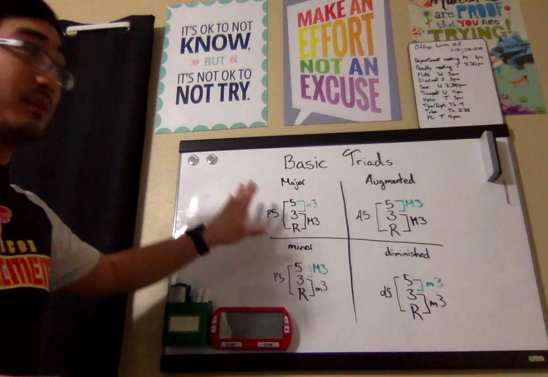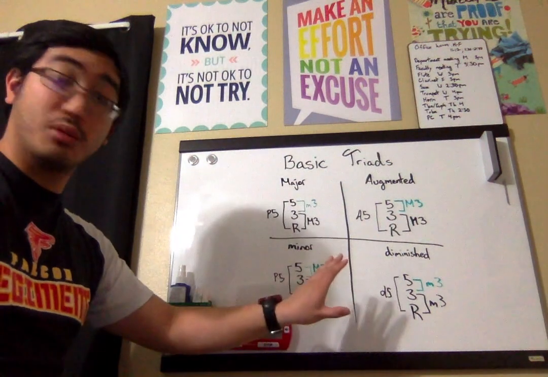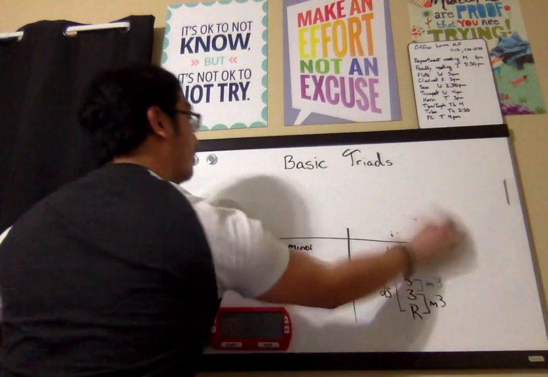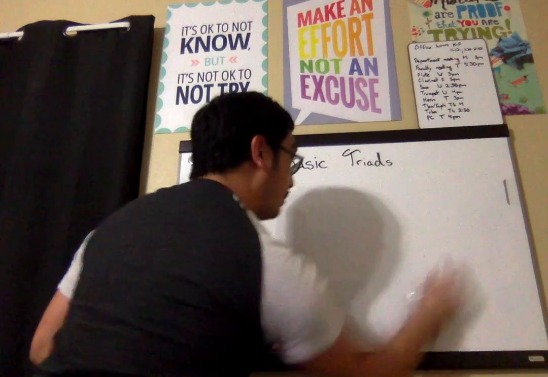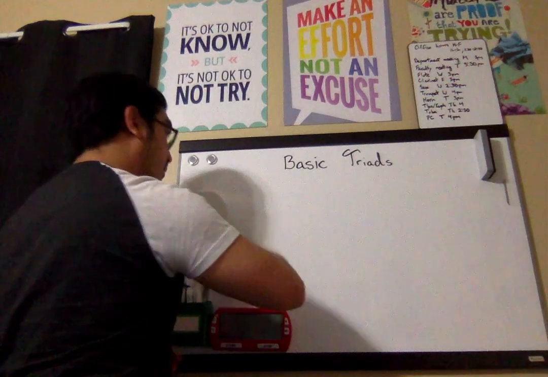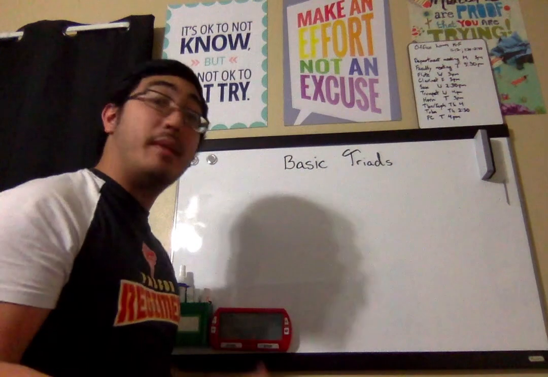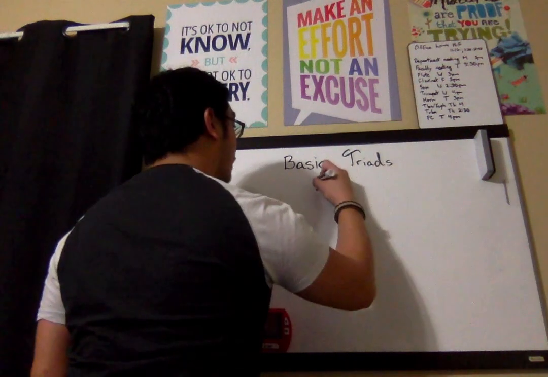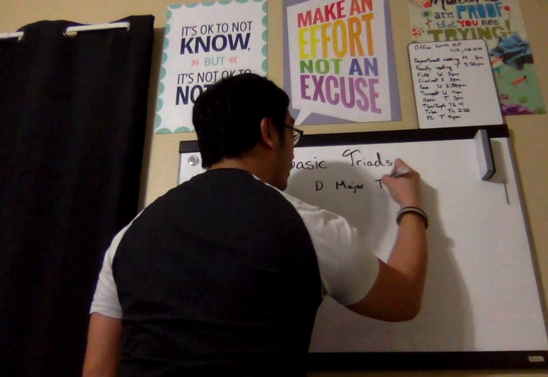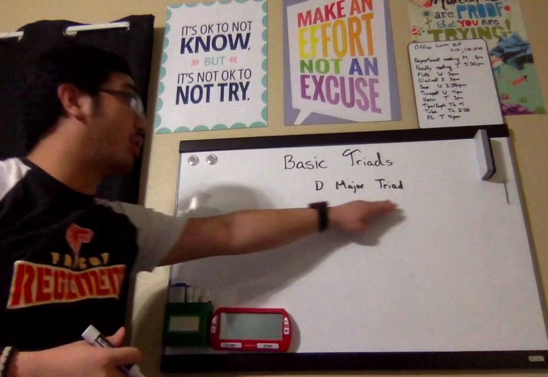So we're going to do some examples, because these are all hypotheticals and variables. So let's do a major triad. Let's say I wanted a D major triad. Let's say this is what I wanted to build.